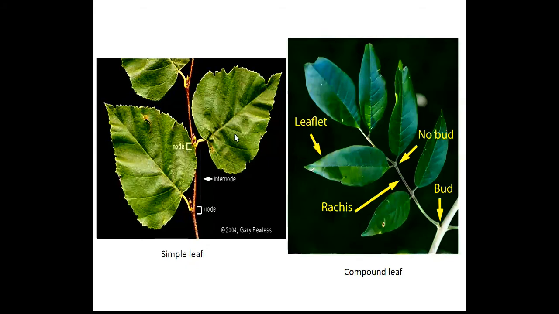So this whole portion is the leaf lamina or leaf blade. And what about this one? The leaf lamina is divided into 2, 4, 6 leaflets. These are the leaflets. In case of this compound leaf, the outermost leaflet, the farthest leaflet from the petiole, is called the terminal leaflet.